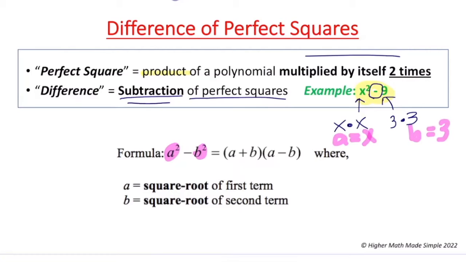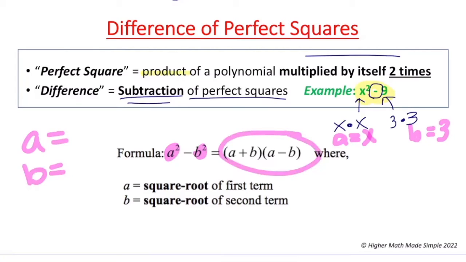A lot of people like to write on the side what is a and what is b, because after you do that, you can just substitute into that template. The template is you add a and b together and you subtract a and b together and you write them as a product.